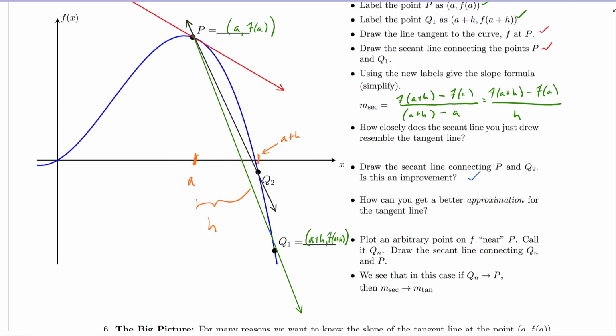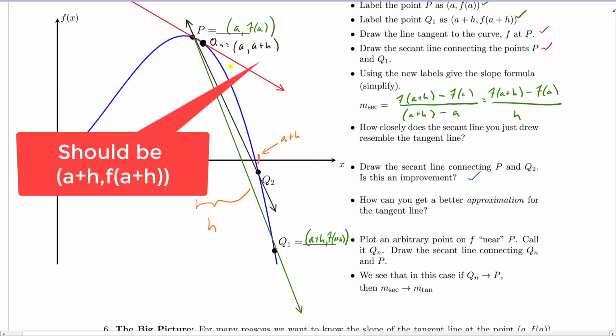So if we were to pick, say, some other arbitrary point way up here, let's put it right about here, it's arbitrary, but there's our point Qn. Maybe it also has, we think of it as having, the coordinates A plus H, but in this case H has gotten smaller.